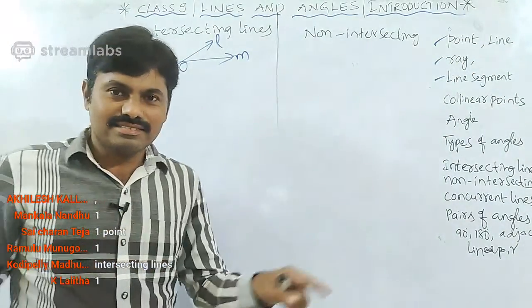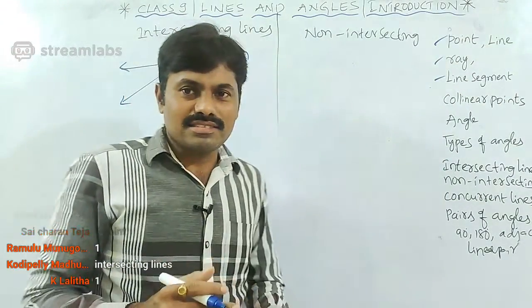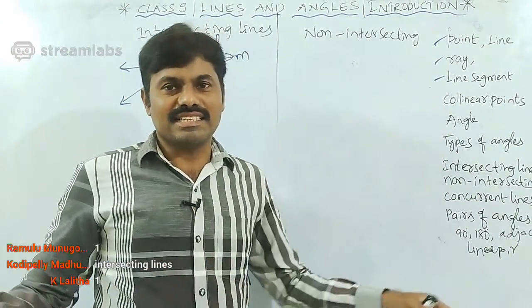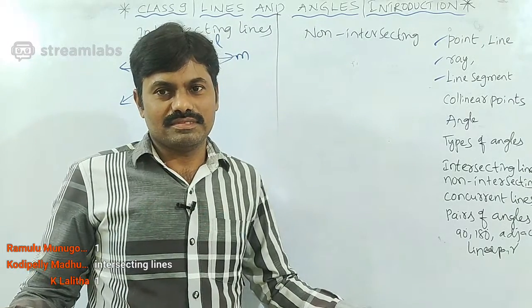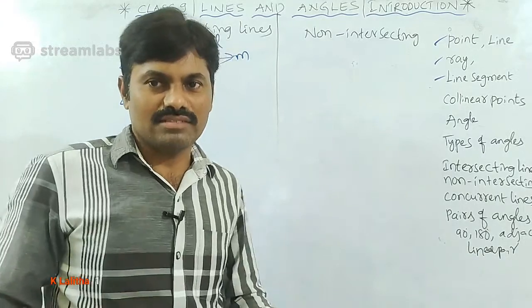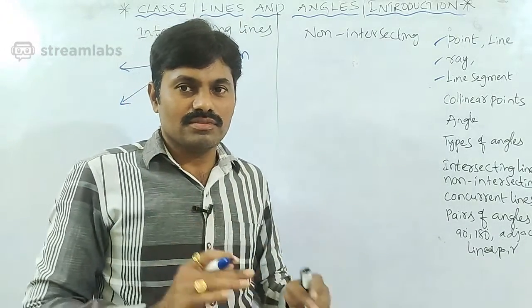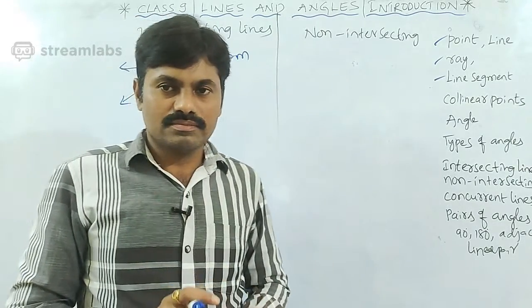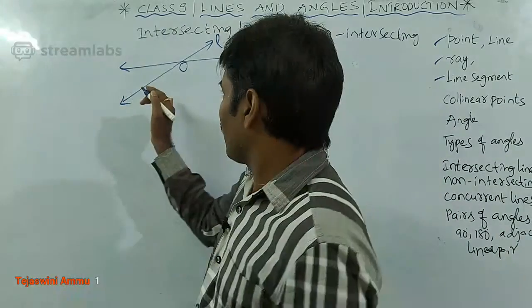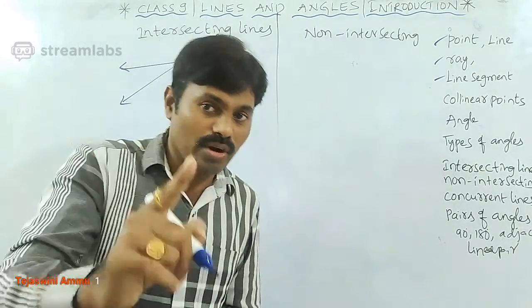Now the lines which are not at all intersecting. Here one more difference I will say. If you consider two lines, both passing like this, then we call them intersecting lines if they intersect at one point itself.